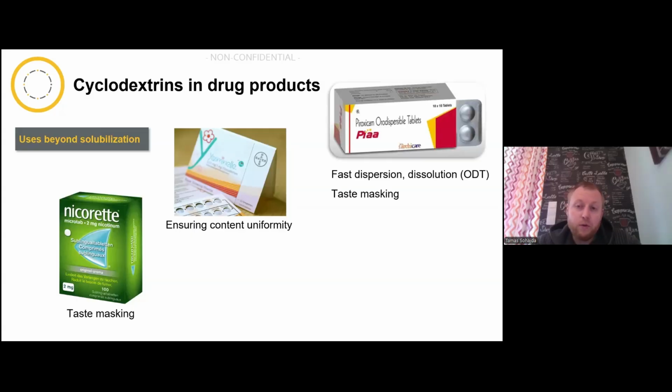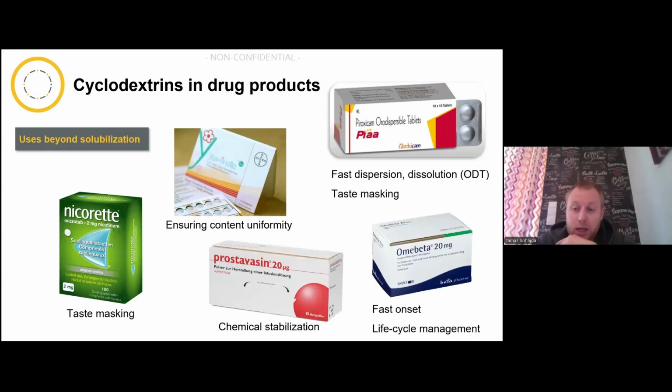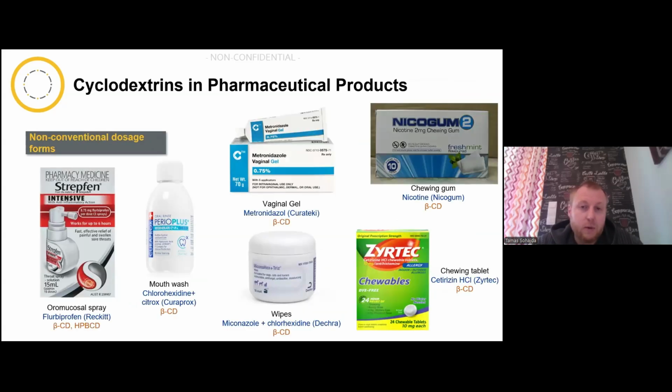You can improve the dissolution, especially if you want a very quick effect and a fast onset for something like a painkiller or against gastric acid. It's completely feasible with cyclodextrins, chemical stabilization, as we mentioned. And in a lot of cases, it's part of the life cycle management process because cyclodextrin complexes are usually patentable. Although the literature is quite vast, if you can find some niche areas, it's well patentable.